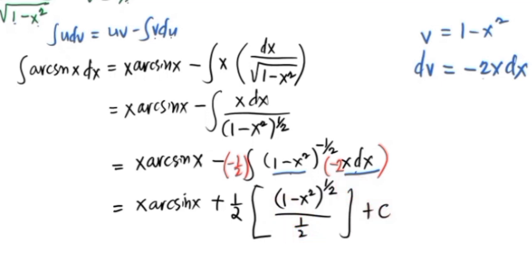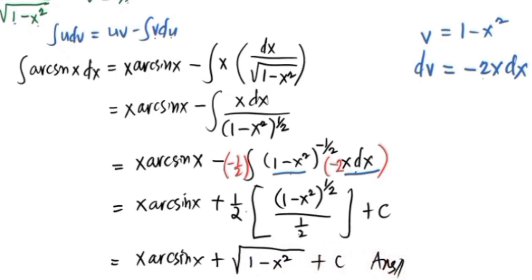So simplifying further, we have x arc sine of x plus, so 1/2 divide 1/2, cancel na to, and this exponent 1/2 will be square root. So square root of 1 minus x squared plus c. This is our answer.